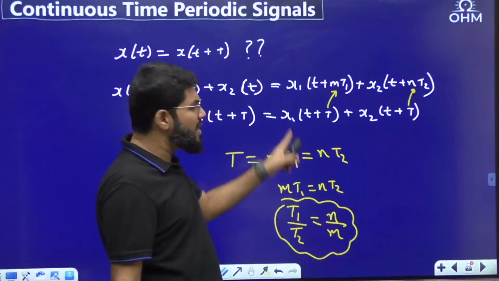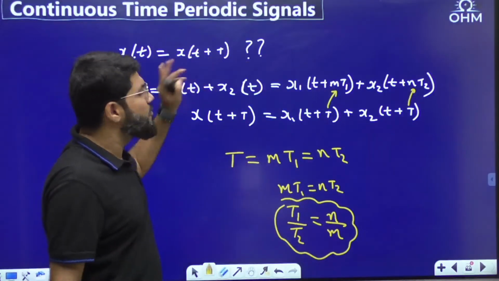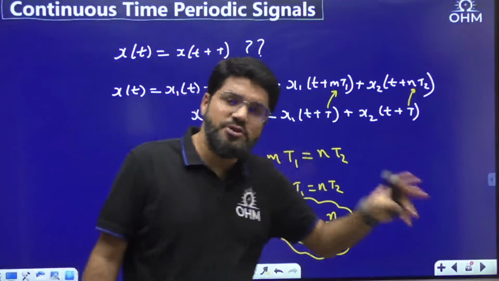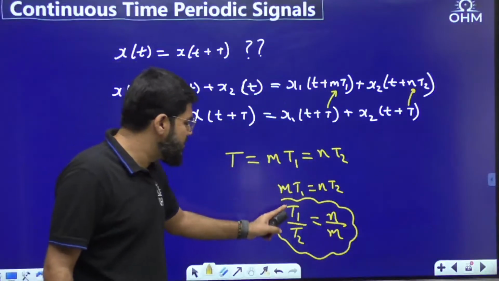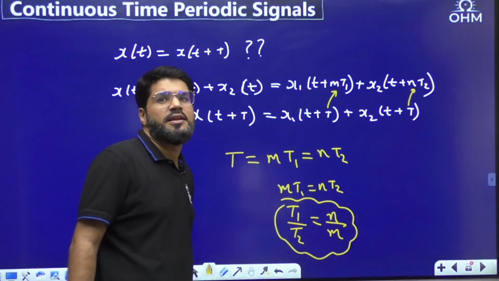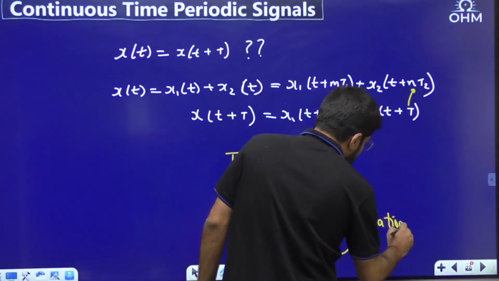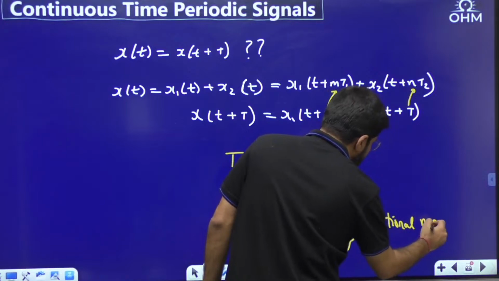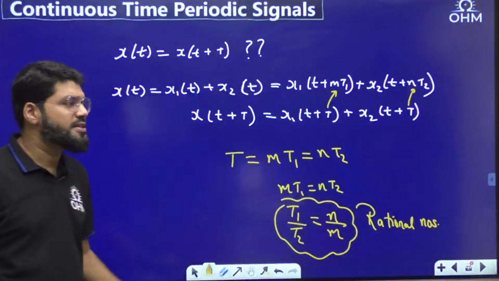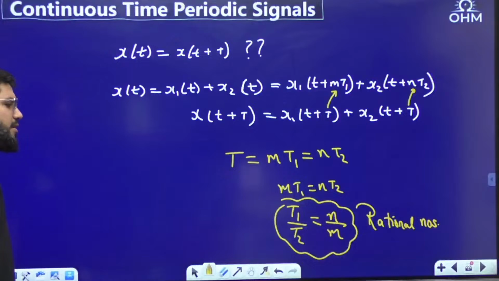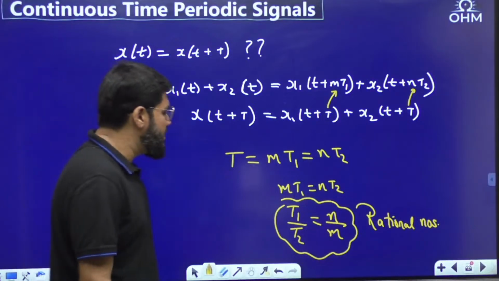So if I say x(t) has to be periodic, that is only possible if T1 by T2 is a rational number, a ratio of two integers. Then what is the final time period?